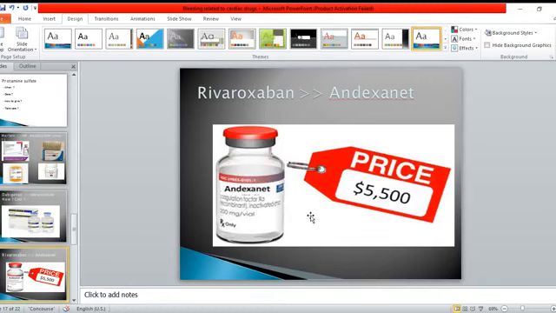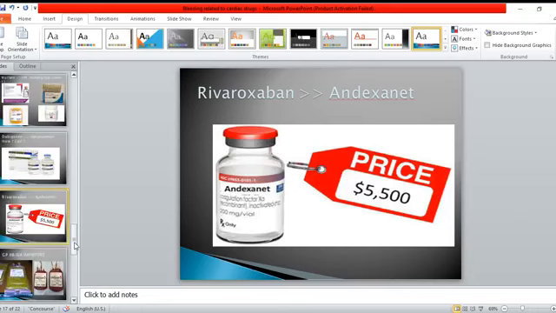So there is a low dose regimen and a high dose regimen. Maximum we may need $50,000, or in a low dose regimen about $25,000 or $27,000. Otherwise, you will go for just supportive treatment, blood products.